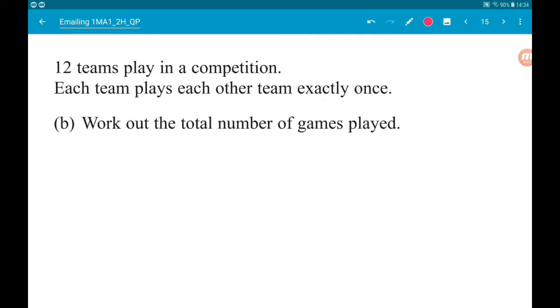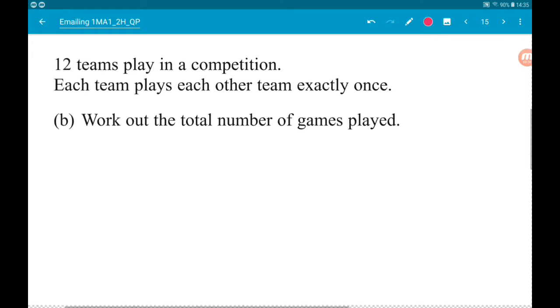Okay, then for part B, 12 teams compete in a competition. Each team plays each other team exactly once. We want to work out the total number of games played. So, really there's 2 ways you could do this. Probably the easiest one is to, first of all, let's put all the teams in a table.